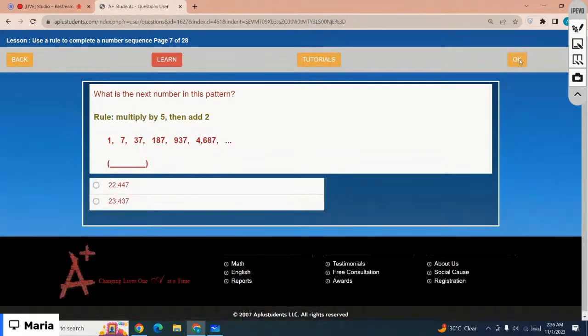Okay, the next one is what is the next number in the pattern? You have to multiply by 5 and then add 2. So which is the correct option?